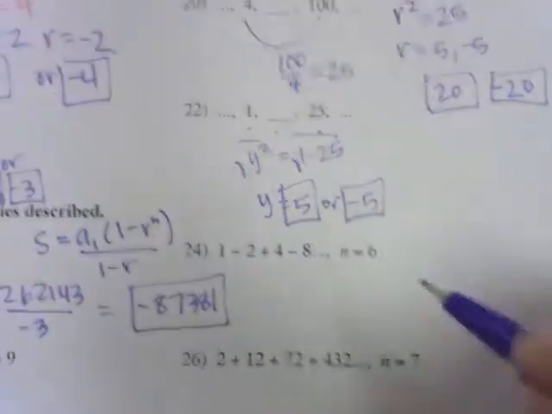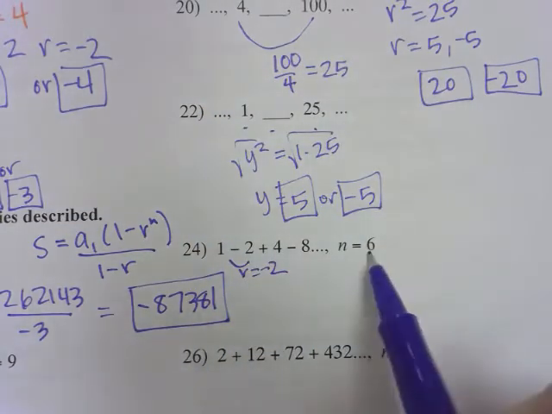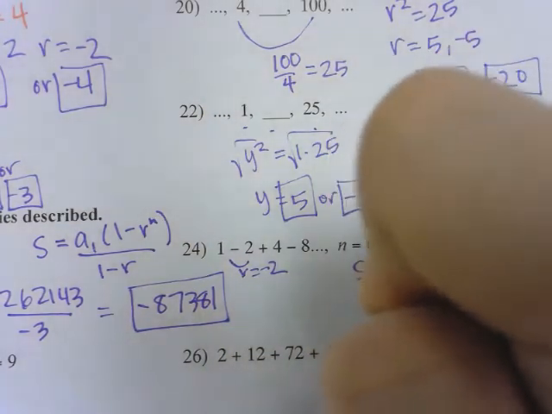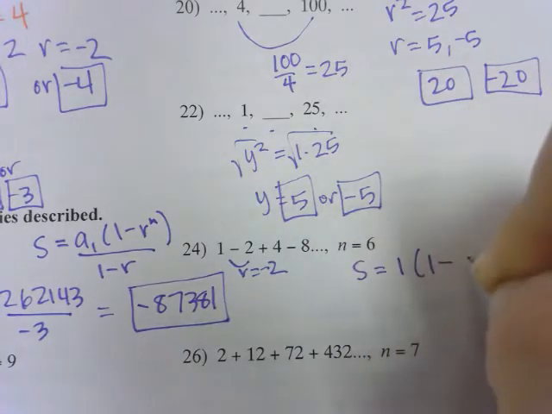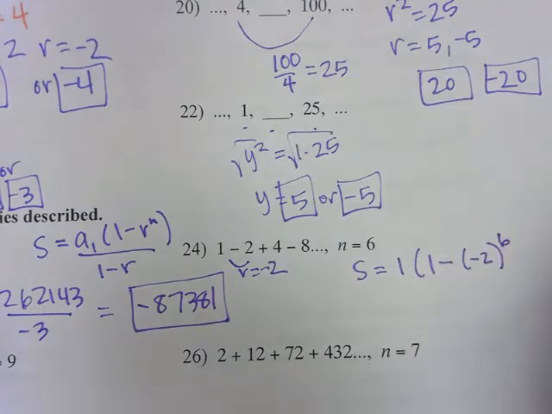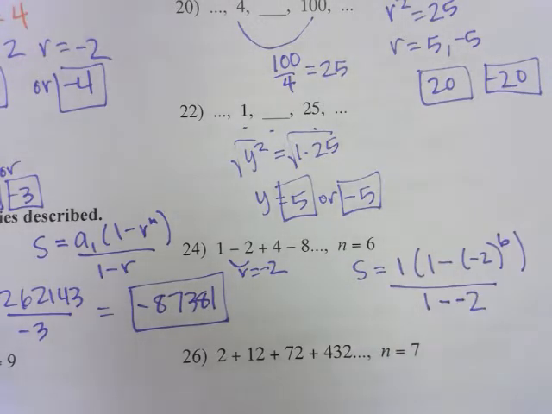I know the first term. The r looks like it's negative 2. I know how many terms there are. So s equals the first term times 1 minus r to the n, all over 1 minus r.